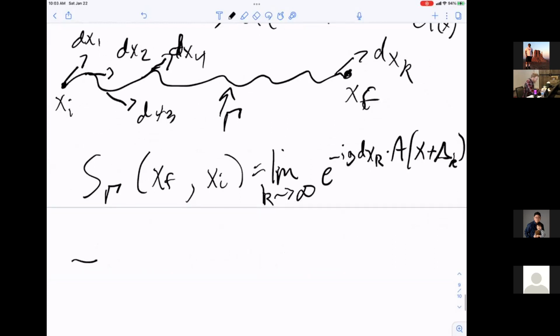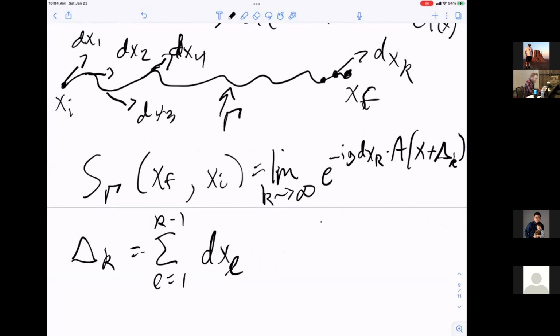So delta k equals the sum over l equals 1 to k minus 1 of dx l, because that tells me how I moved along my path. So that's the first term, which is what's happening at this point.